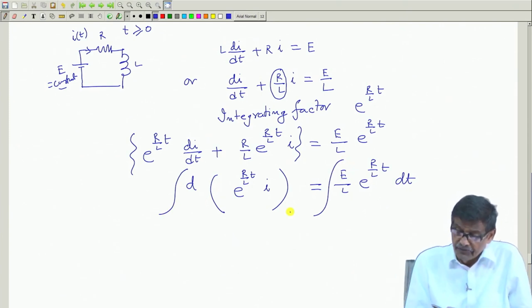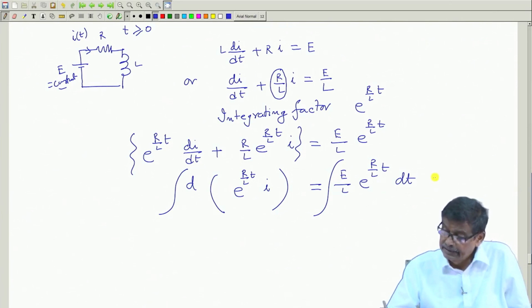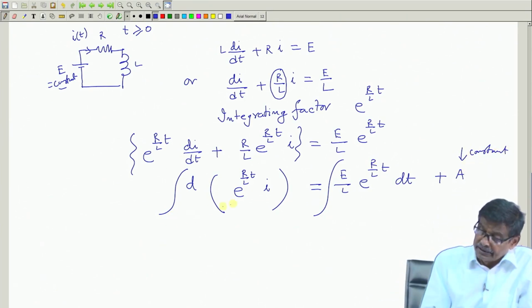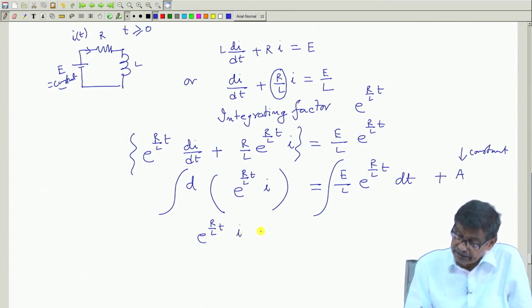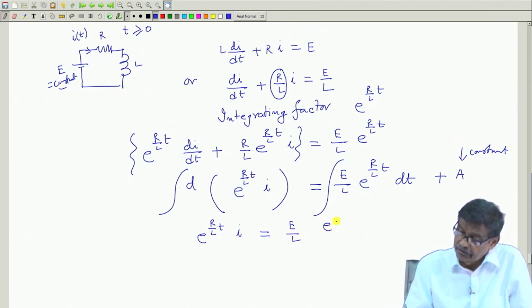Now, if you integrate both the sides, then without any limits, there must appear some constant A, an integrating constant. The integration of the left hand side will be, because this itself is the differential, this one only, and on the right hand side E/L is constant, and the integration of e to the power mx is e to the power mx by m.